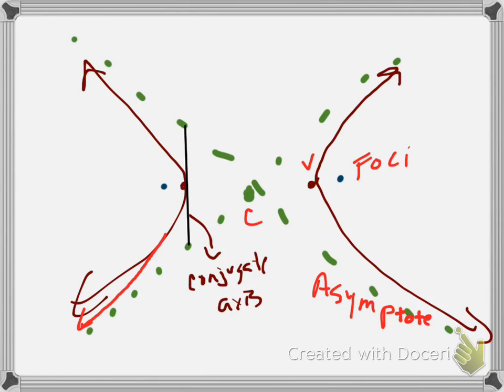The transverse axis is the distance from one vertex to the other. And that's 2a. So from one of the parabolas' vertex points to the other, that's the transverse axis. That's 2a. So those are kind of the pieces of the hyperbola.